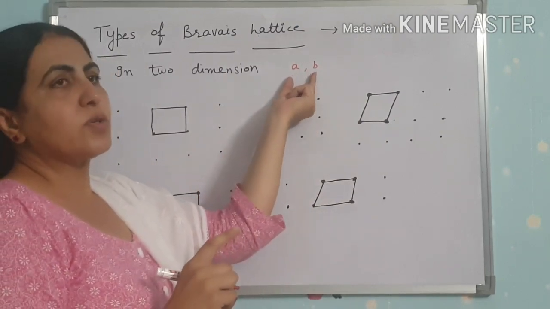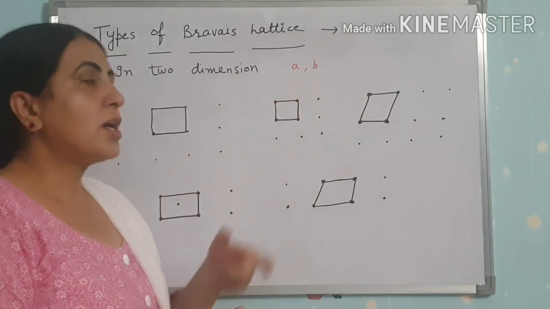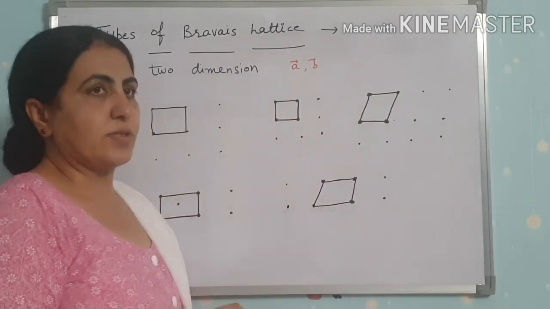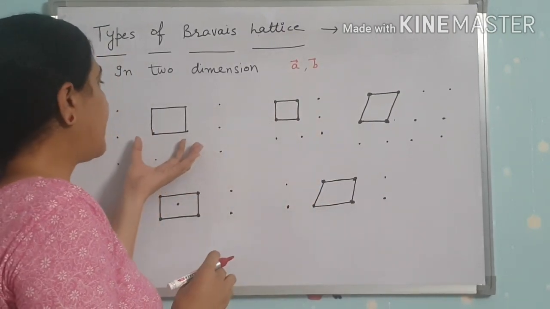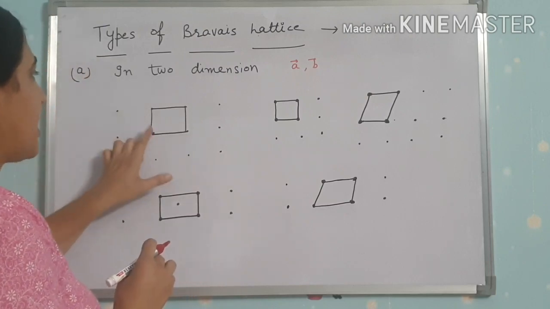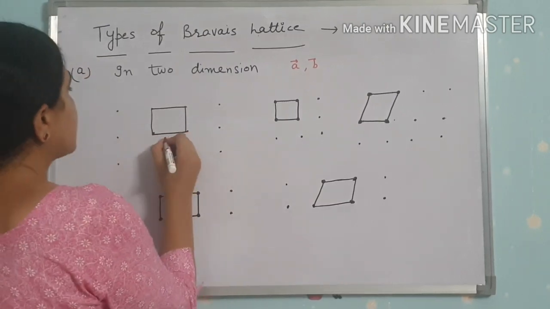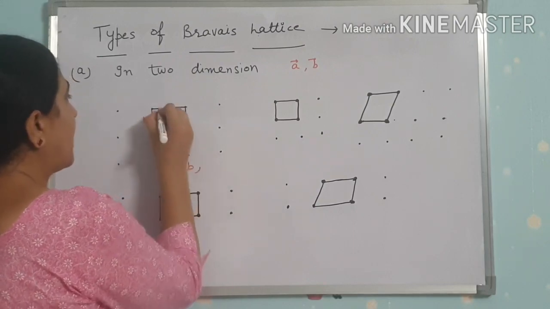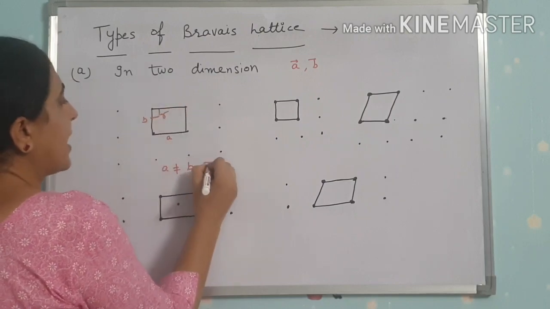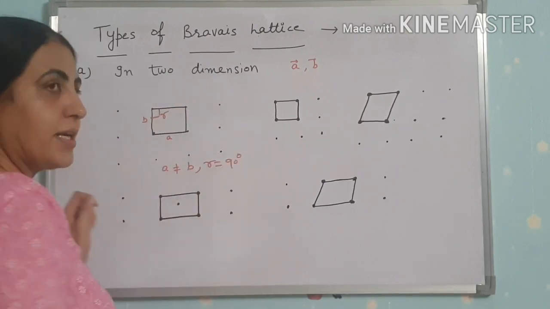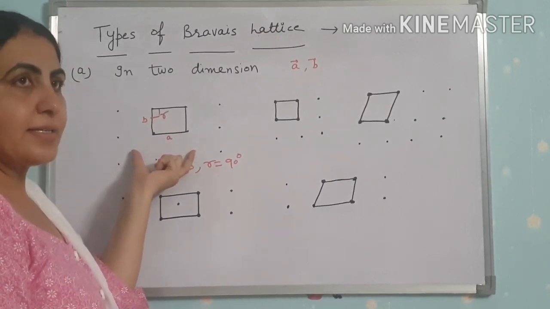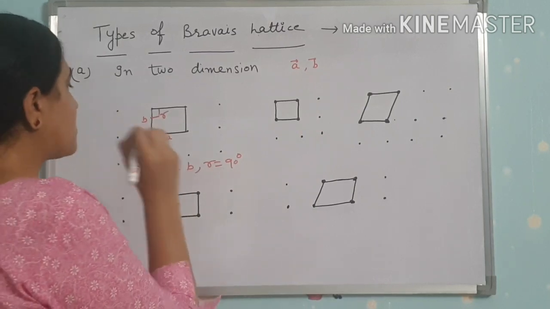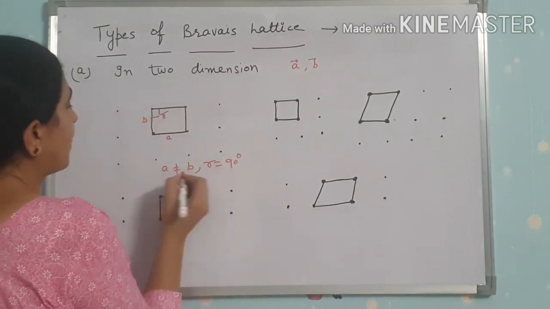These are also called the axis lengths. Here a is not equal to b, and the angle gamma is equal to 90 degrees. This type of lattice is called primitive, the primitive rectangular lattice.